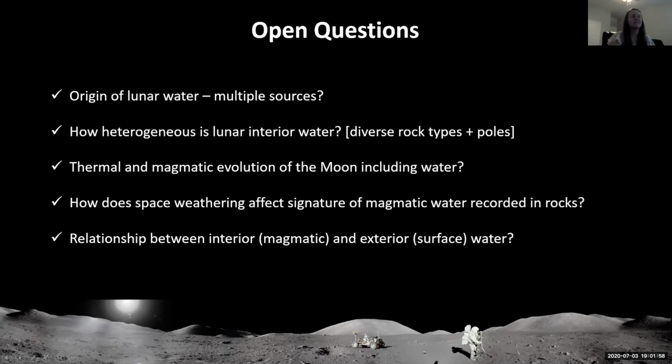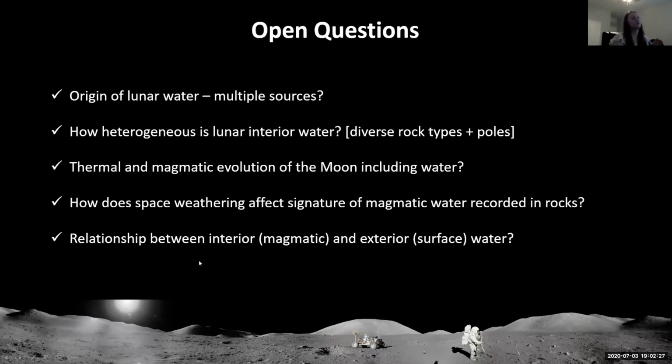We still don't know the extent to which volatiles are heterogeneously distributed within the moon, and this can be addressed by looking at a more diverse set of lunar samples, and also by getting samples back from the lunar poles. We also still have some questions about the thermodynamic evolution of the Moon, and how water might affect, for example, moon formation models.